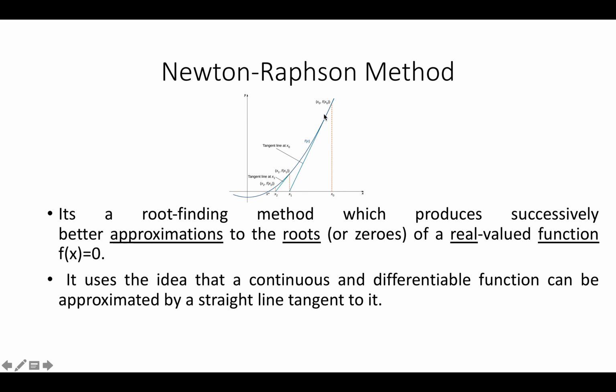In this graph, a tangent line is drawn at initial approximation x0 and it cuts the x-axis at this point x1. Again we take the value of the function at x1, and at the coordinate x1, f(x1), we again plot the tangent. In this way we approach from x0 to x star, which is the root. So with every iteration we are approaching the root.